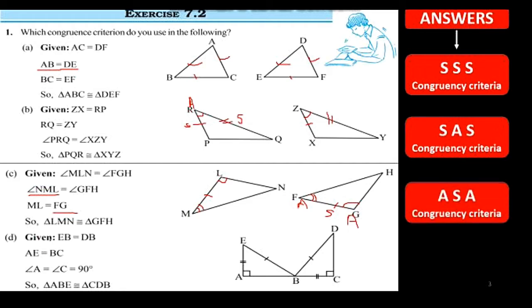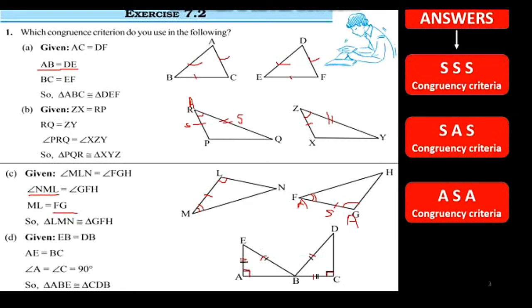Question number 1d. EB is given equal to DB. AE is given equal to BC. And angle A is equal to angle C, that is equal to 90 degrees. So we have right angles.